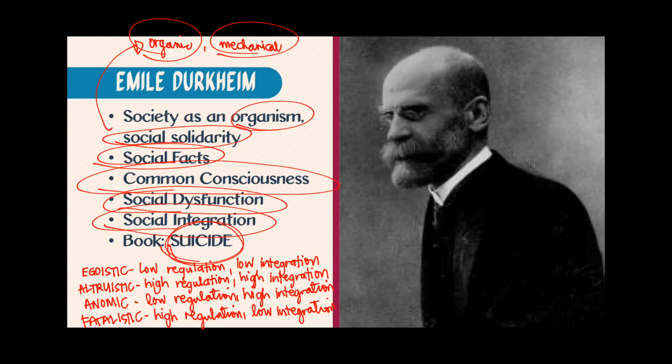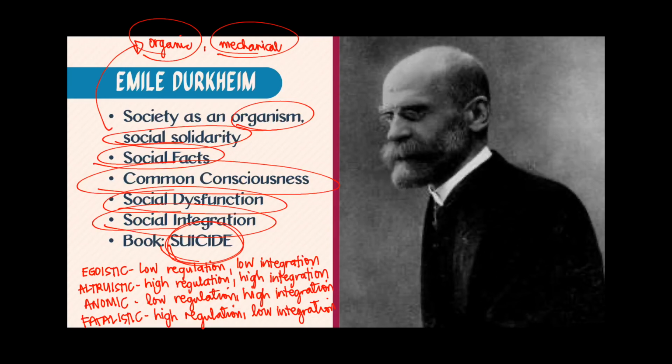Next, we have anomic suicide, wherein there's low regulation but high integration. So this usually happens to people who are socially integrated but are facing really high stress in their lives. So for example, if you remember the news about a farmer who committed suicide because he thought that he had COVID-19, and because he loved his family so much, he didn't want to transmit the virus to his family.